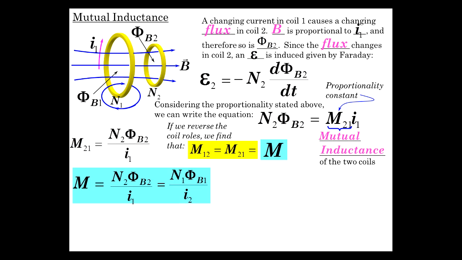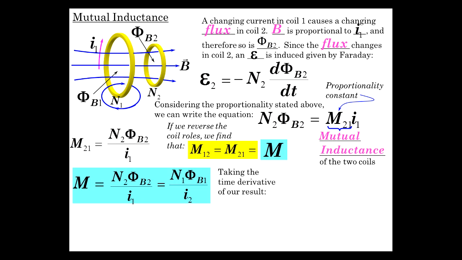And again, notice, in general, what's it related to? It's proportional to the number of turns, the flux in a given coil, and inversely proportional to the current in the other coil. So that is a measure of the mutual inductance, the coupling between those.